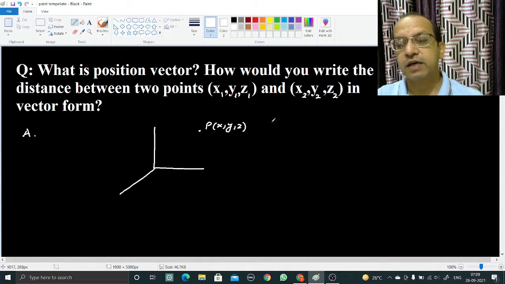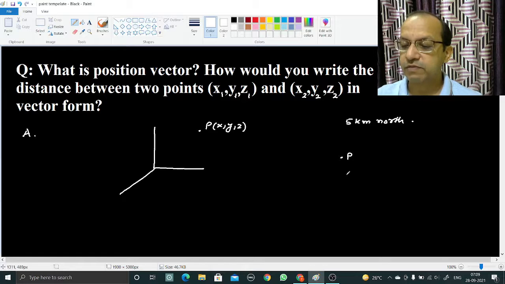Let us say I define the position of a particle 5 km north. So I say that this point P is 5 km north from this point. That means I need a reference point from where I can measure the distance.